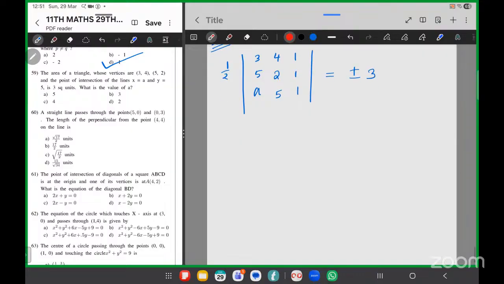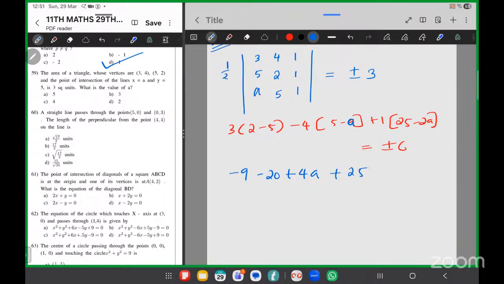So 3 into 2 minus 5, minus 4 into 5 minus a, plus 1 into 25 minus 2a equal to plus or minus 6. So 2 minus 5 minus 3, so minus 9. 5 minus a. So minus 20 plus 4a plus 25 minus 2a equal to plus or minus 6.